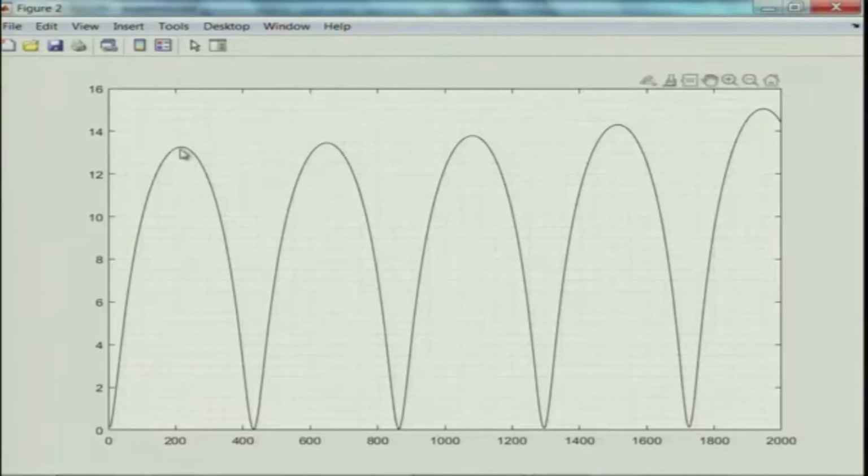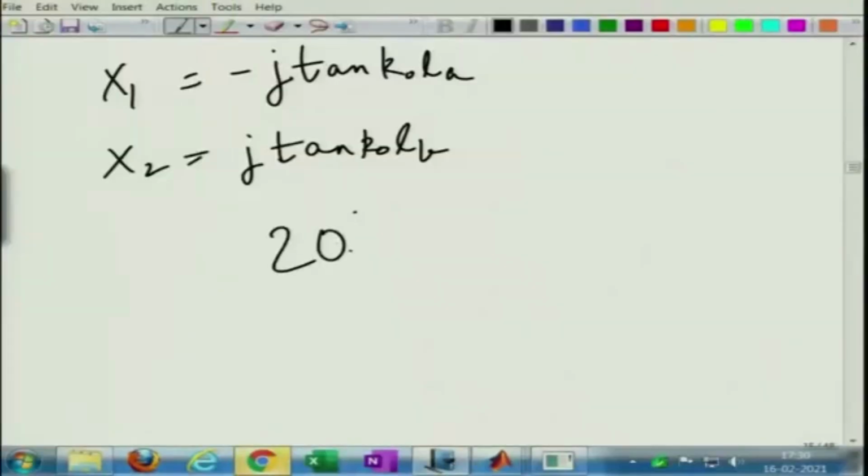Now, in some of the assignments that you would have solved, you can easily figure out that the maximum transmission loss is something like 20 log m, where m is your area ratio.